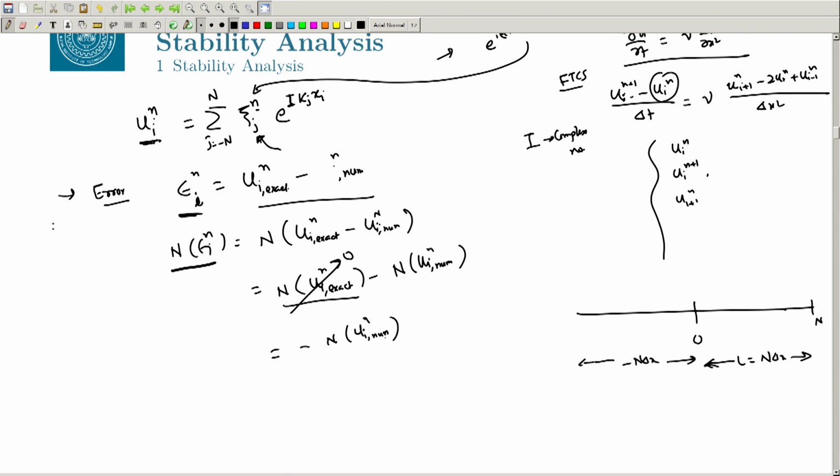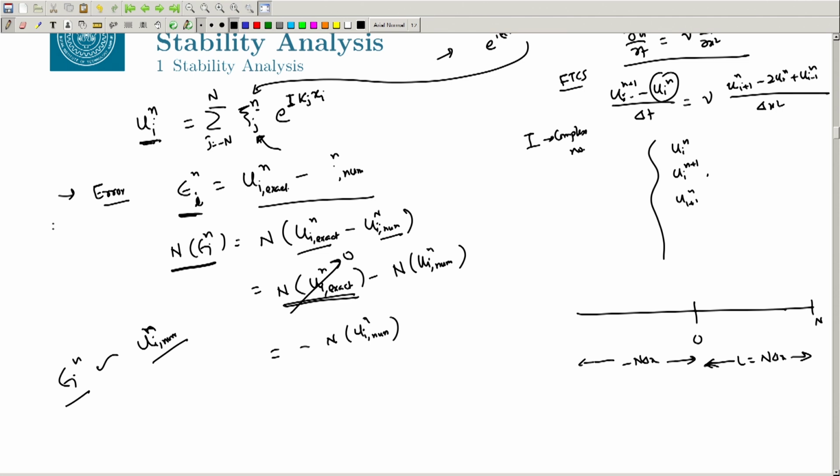The minus sign can go away; I have considered exact minus numerical, so it does not matter. So the variation of epsilon_i^n is basically the same as u_i numerical at n. Either you can analyze the error, or you can analyze the function itself. It does not matter in von Neumann stability analysis, because u_i exact goes to 0 by definition and we are analyzing linear equations.